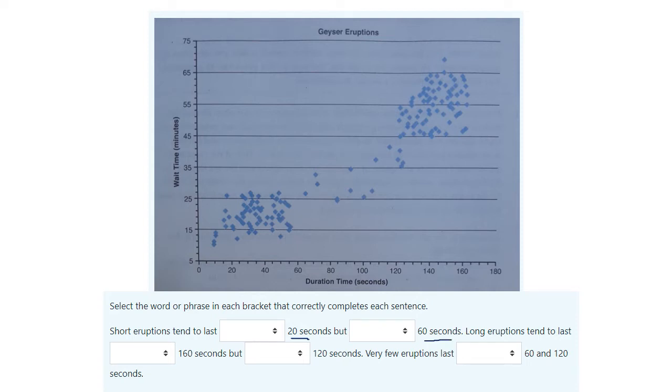So short eruptions are those eruptions that are happening down here. Tend means normally, not always, but normally. So most of the eruptions are more than 20 seconds. Most of them are less than 60 seconds. So for the first one, we would say more than. And then for the second one, we would say less than.